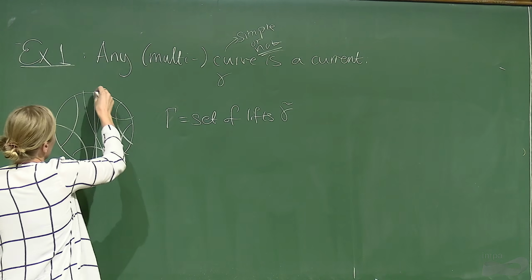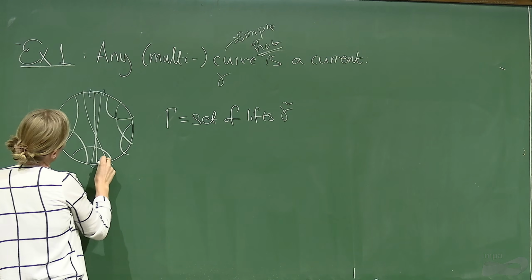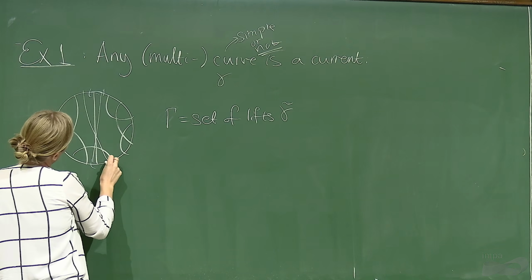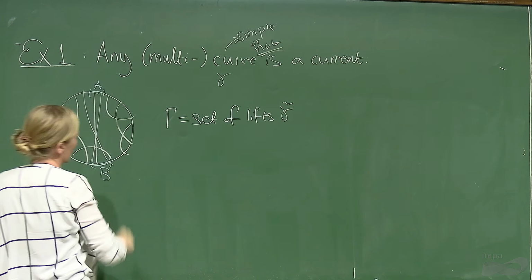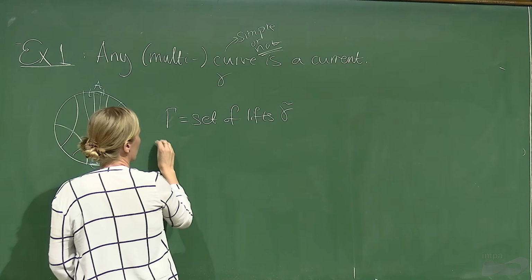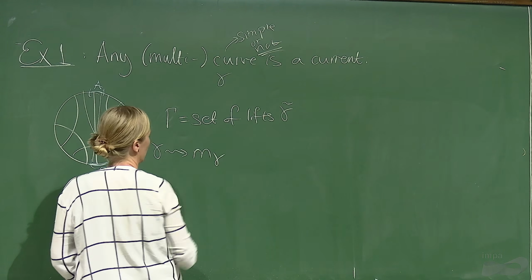It's enough if I define it for two small open sets A and B. So this gamma is going to define a measure, mu sub gamma.